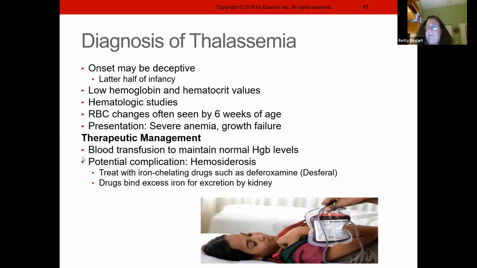Now, some of the things, as I said, for Cooley's anemia, which is basically what we think of when we think of thalassemia, is that we need blood transfusions to live because you need to keep the hemoglobin levels up. And your body is not producing cells that are going to work. They're dying very quickly. But what happens?